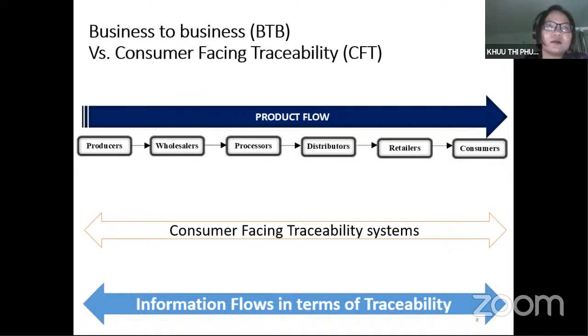If we are the consumers, what kind of information do we need? Let's think about quality product being the most important, right? So consumers will consider this. And if you are the producers and you want to implement a CFT system, you have to think about the requirements and demand of your consumers.